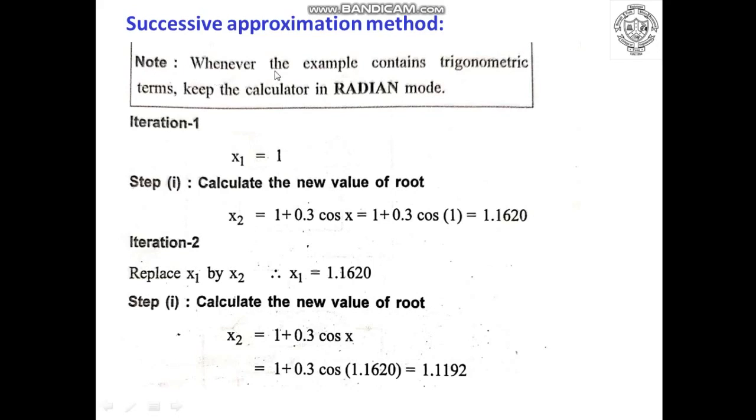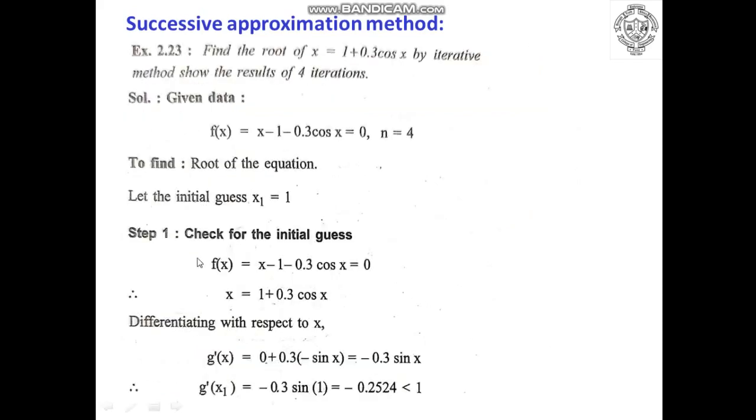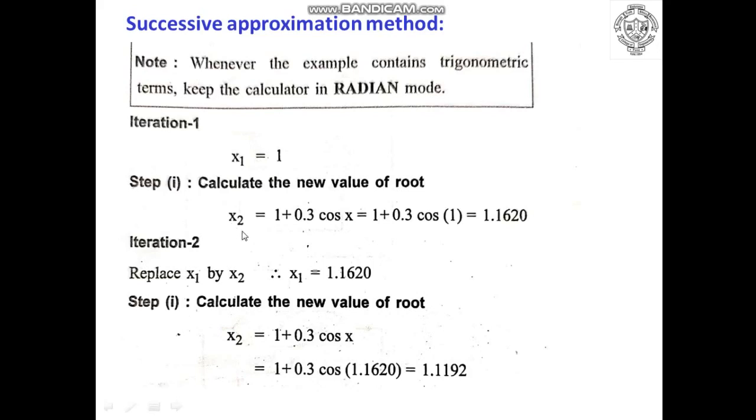Whenever the example contains a trigonometric term, that is, a transcendental equation with a trigonometric term, you have to keep your calculator in radian mode. So x1 is 1, as we have assumed. Iteration 1, step 1 will be calculating the new root of the equation. We consider x = 1 + 0.3 cos x, because this is nothing but g(x). So x2 will be equal to 1 + 0.3 cos x1.